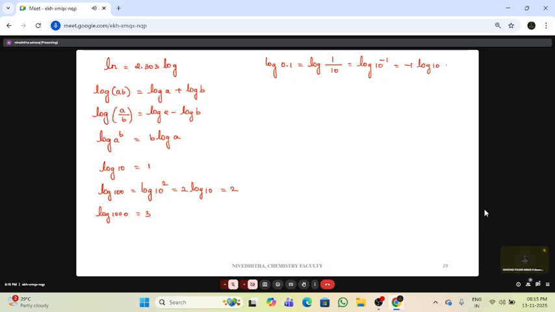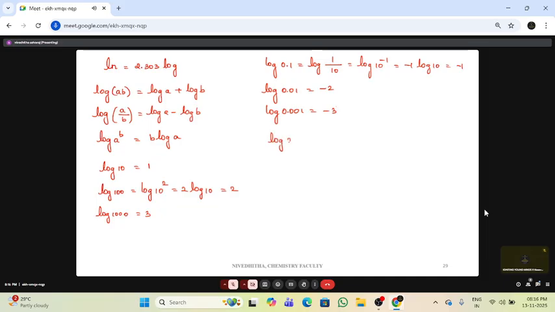So minus 1 into 1 is minus 1. That's it. Log 0.01 value is similar to the previous case. Minus 2. Very good. It is minus 2. Log 0.001 is minus 3. That's it.